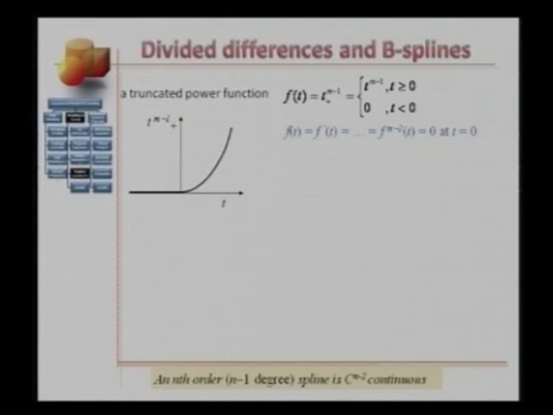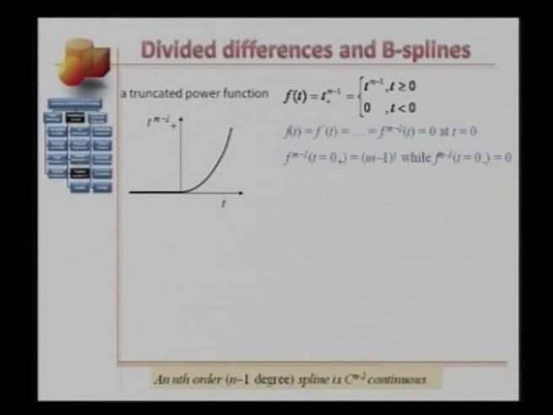In other words, if you look at this function overall, this function is C^(m-2) continuous at this junction point, t equals 0. For t greater than 0, this function is infinitely differentiable, and so is the case for t smaller than 0. How about the m minus 1th derivative?